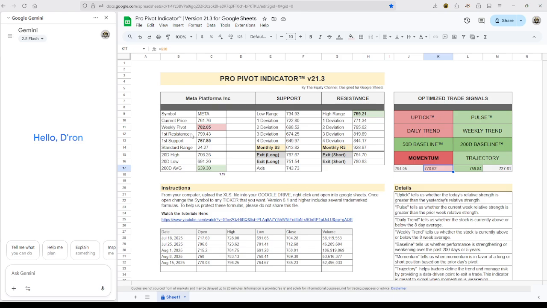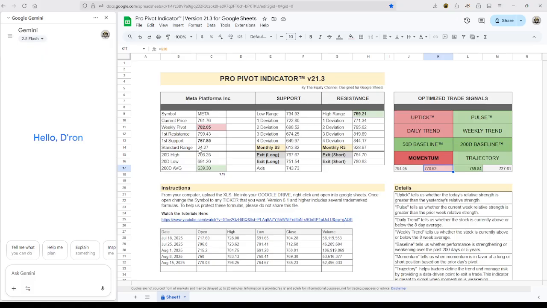Now, you have the R1 support at 767.85, and then you have this daily pivot R1 at 778.